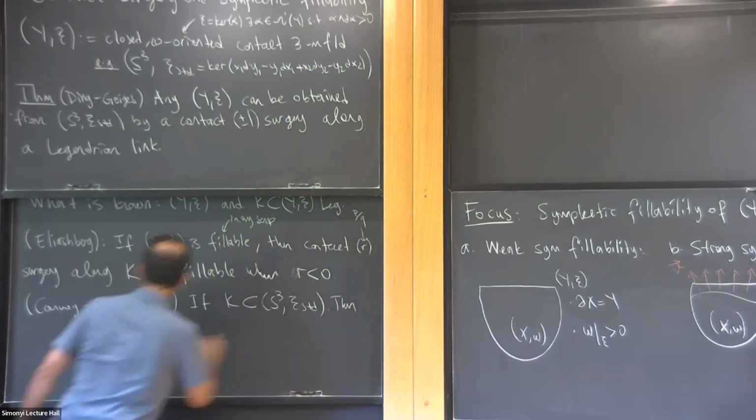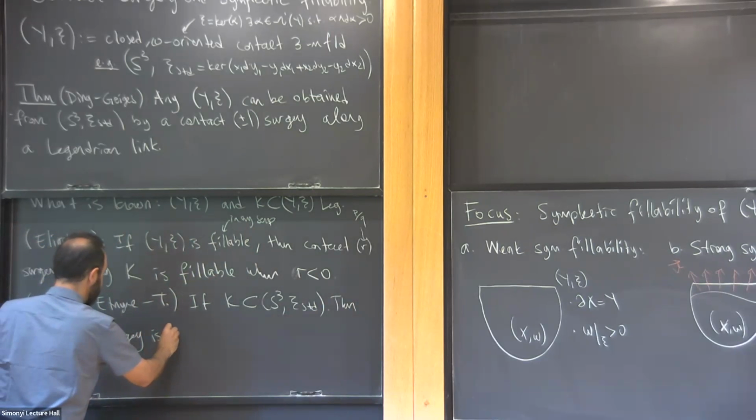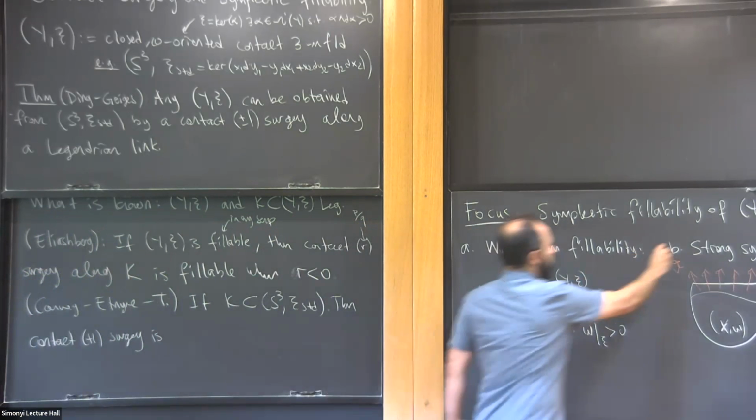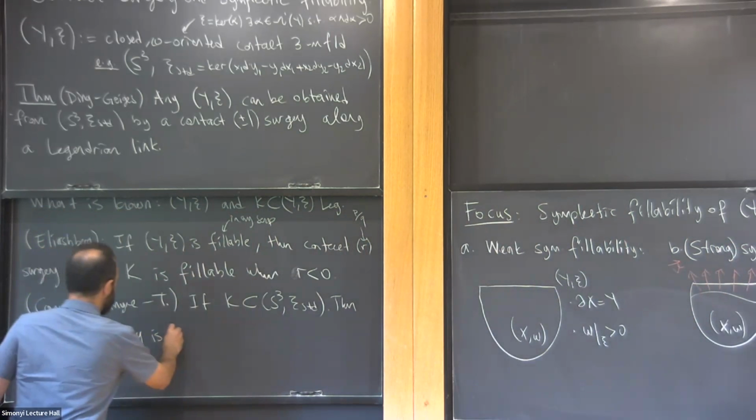Contact plus 1 surgery on K is symplectically fillable in the strong sense if and only if K bounds a Lagrangian disk inside the four-ball with the standard symplectic structure. Whenever I use symplectic, I will drop the strong from the description.